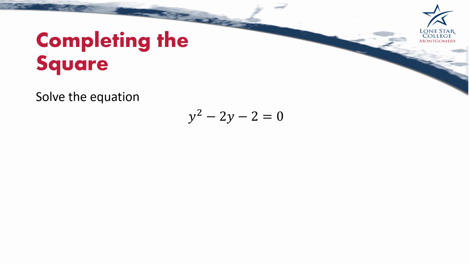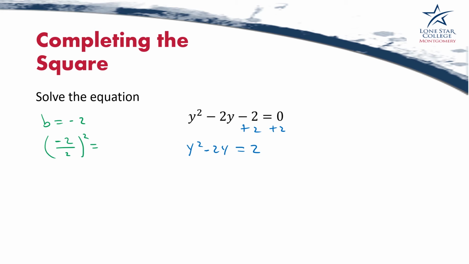So first thing we do is add 2 to both sides. We want to identify what our b is. Our b is negative 2, right here in green. We take that negative 2, divide it by 2, and square it.